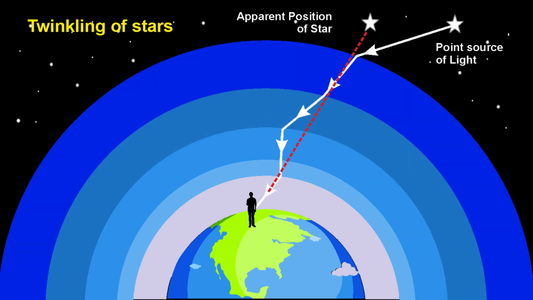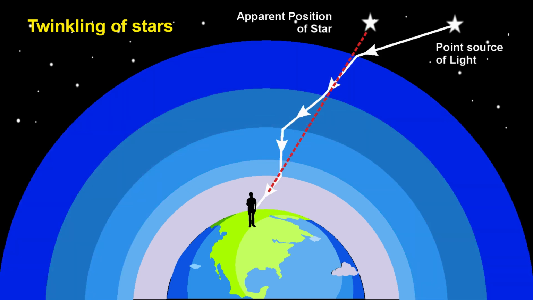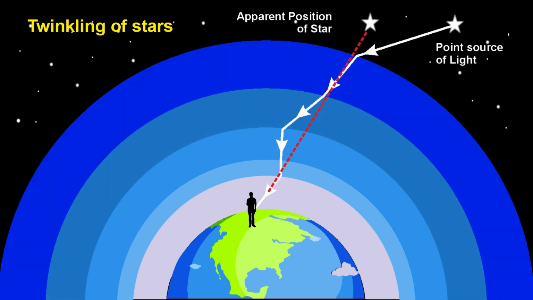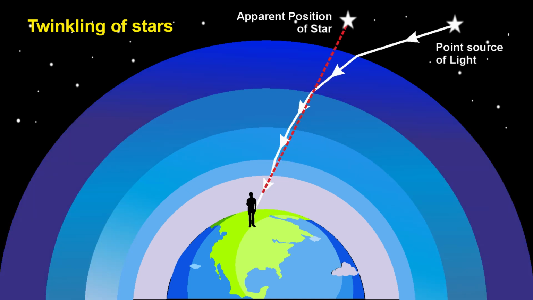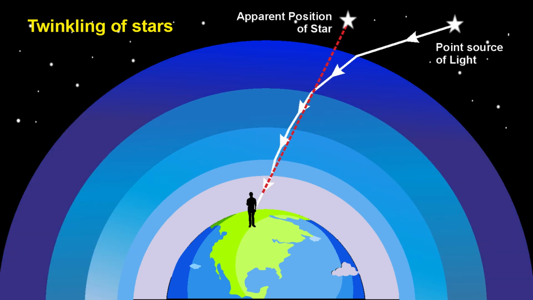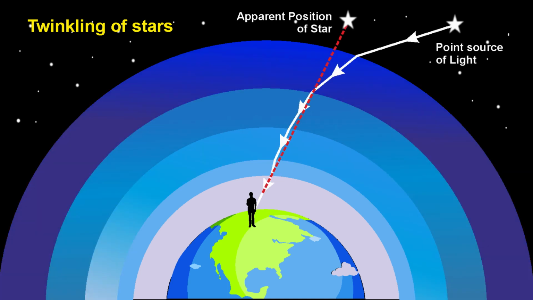Since the physical conditions of the Earth's atmosphere are not stationary, and since the stars are very distant, they approximate point-sized sources of light. As the path of rays of light coming from the star goes on varying slightly, the apparent position of the star fluctuates and the amount of starlight entering the eye flickers. The star sometimes appears brighter and at some other time fainter, which is the twinkling effect.